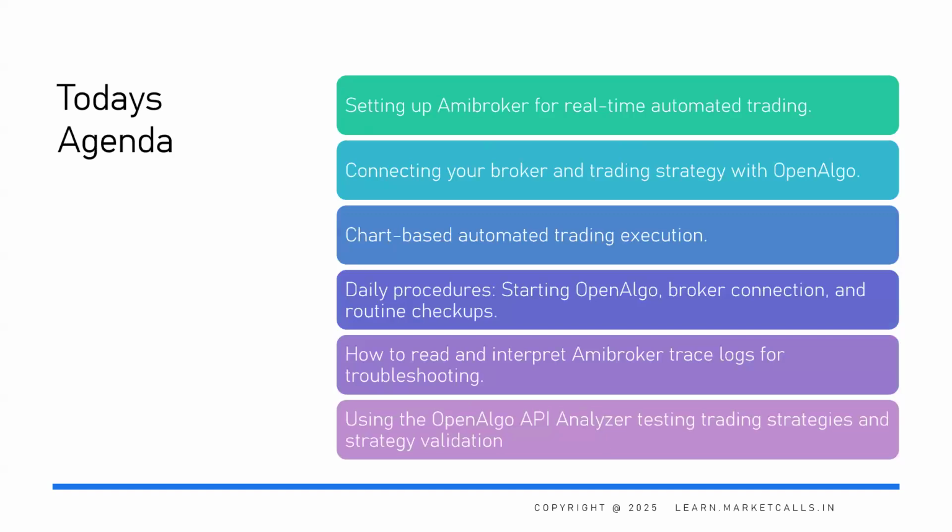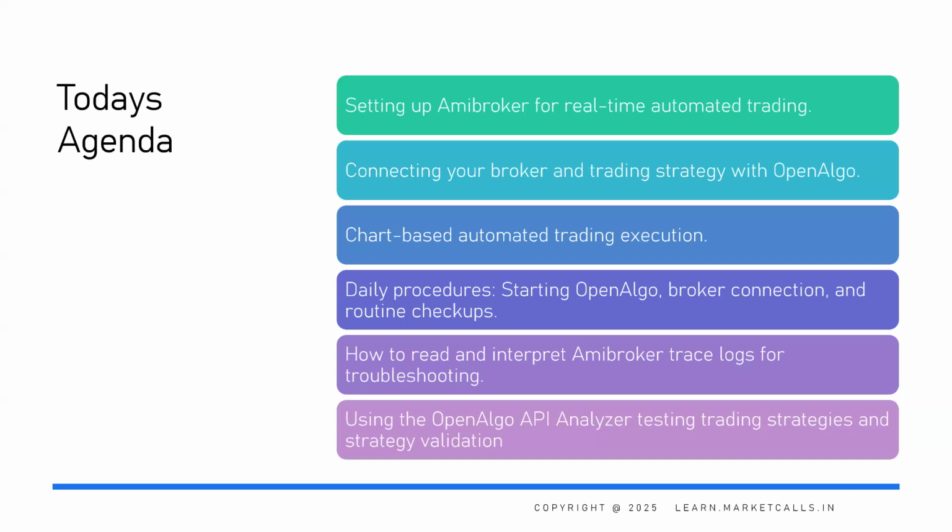Today's agenda is all about how to set up Amibroker for real-time automated trading, connecting your broker and trading strategies with OpenAlgo. And of course, how to perform chart-based trading automation and how to test the algo execution modules, and the daily routine procedures involved with OpenAlgo.